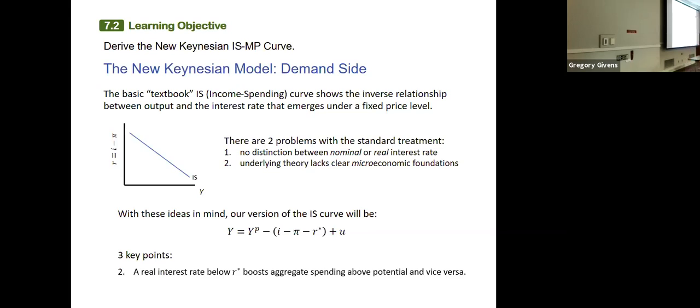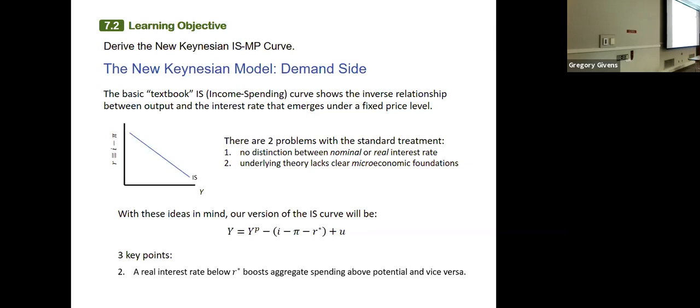That the stance of monetary policy is easy or accommodative, then what happens to actual output as i minus pi, as the real interest rate falls compared to R star? It enters the equation with a negative sign. So a lower real interest rate is going to do what? Is going to boost actual output above potential. Hopefully this makes sense to you guys.